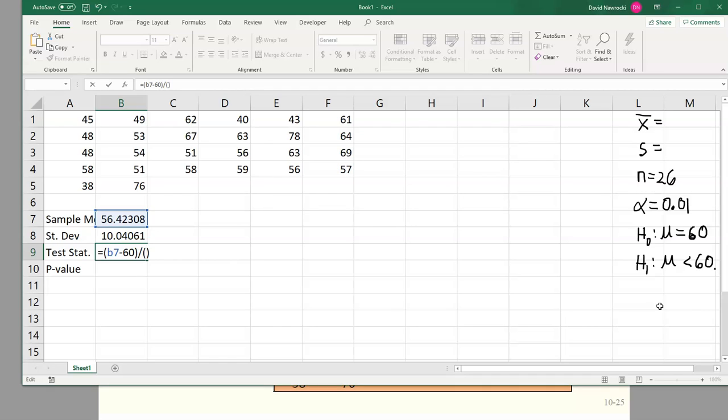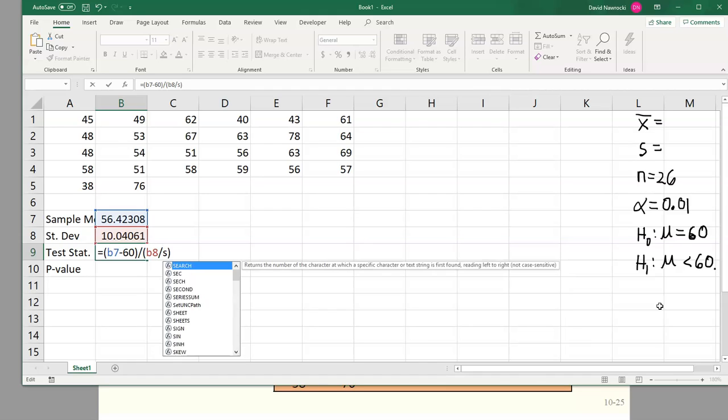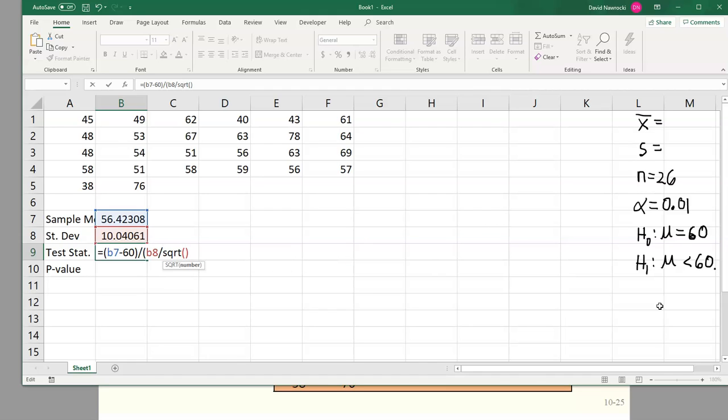S is our sample standard deviation, which is in cell B8, divided by the square root of n, which is 26 in this case. And there you go. Notice B7 is X bar, 60 is mu naught, B8 is S, divided by the square root of n. So there's our test statistic, negative 1.82.